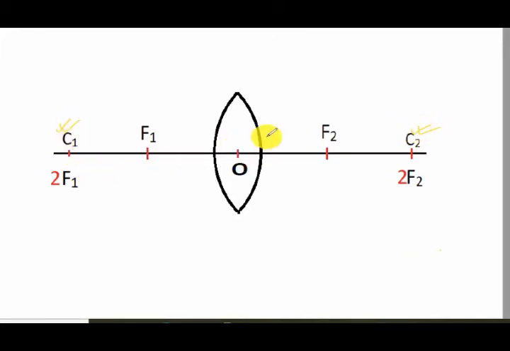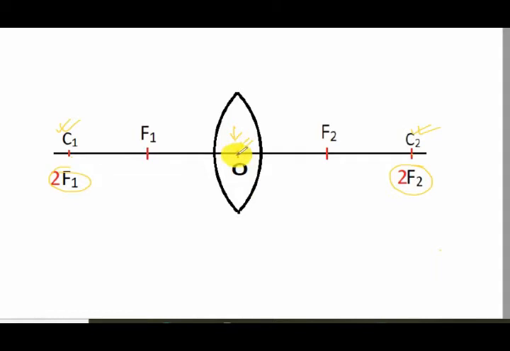C1 and C2 are also represented by the letters 2F1 for C1 and 2F2 for C2. Then this point O is the midpoint of the line joining C1 and C2.